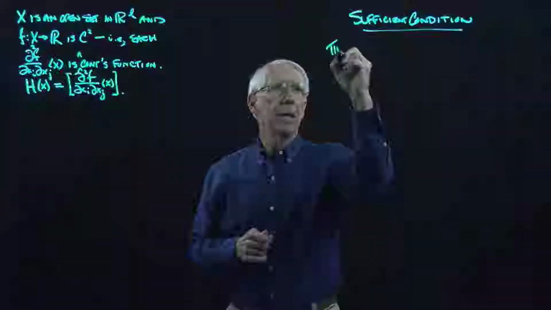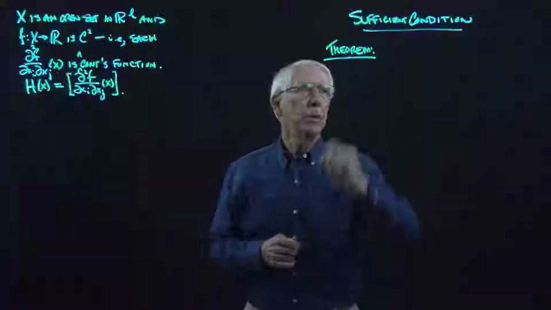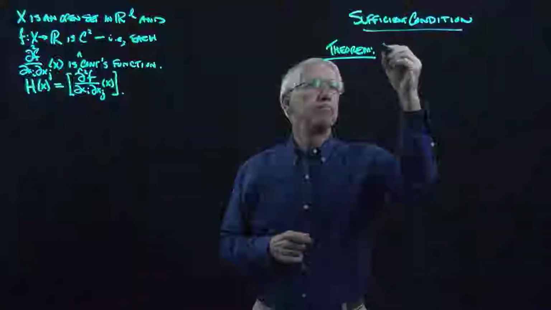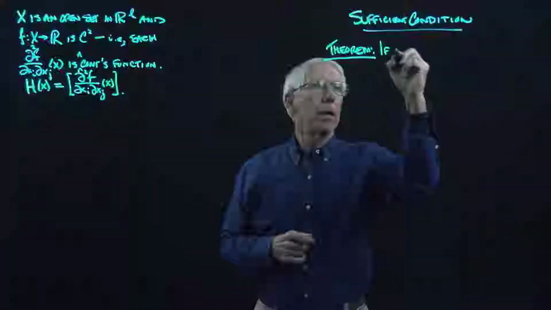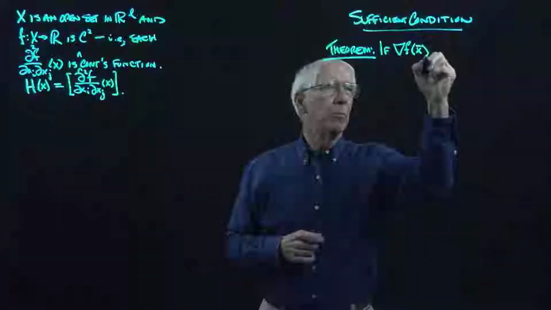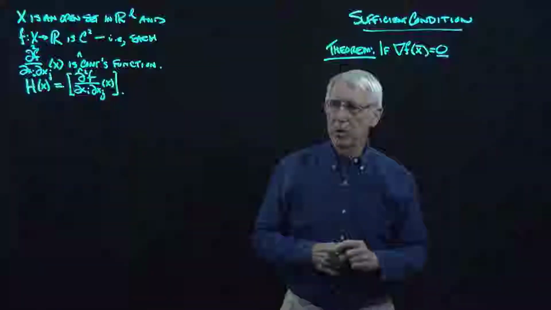So let's say, theorem: if the gradient of f at x bar is the zero vector, all the partial derivatives are zero.